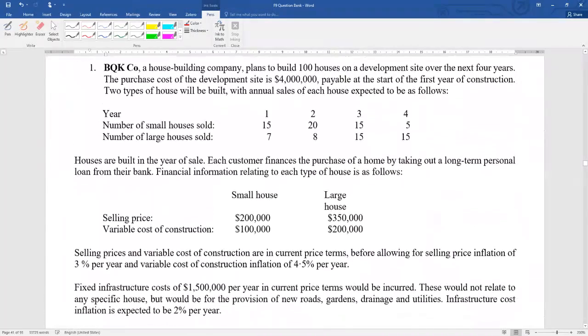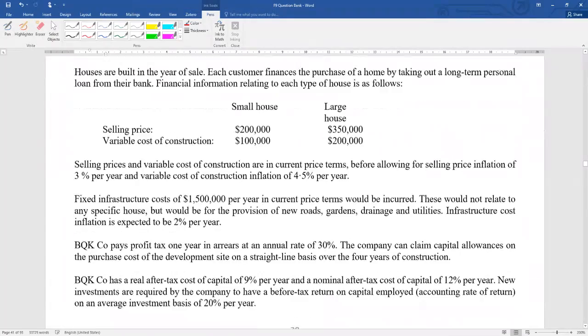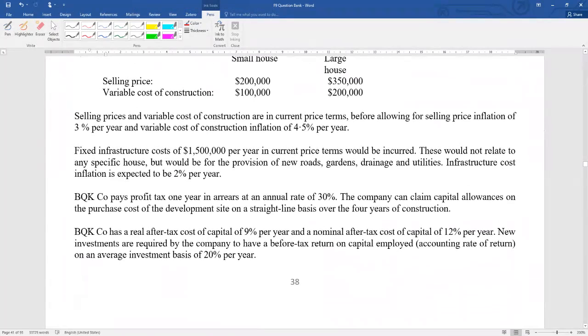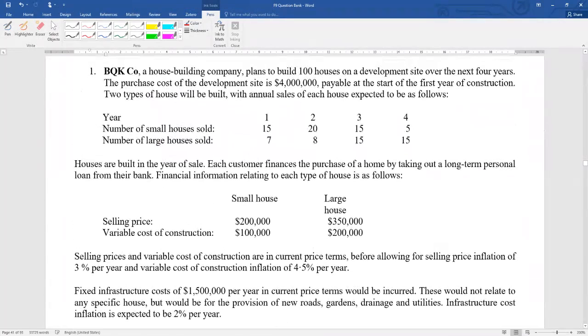This is BQK company. As per my question mark, it's on page 38. So go through it, then we attempt to do it together and present it in Excel.